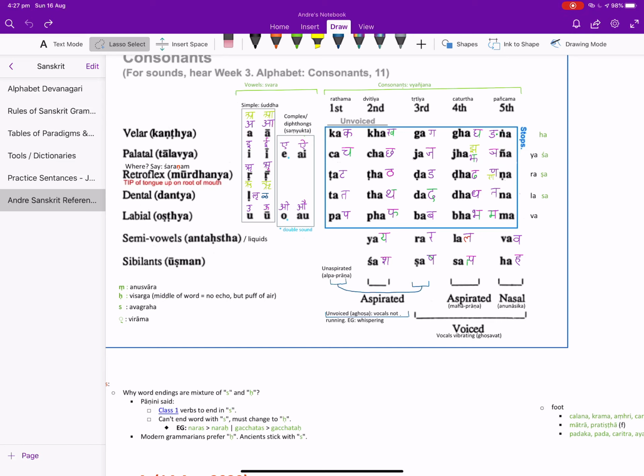So, it's a slightly looser v, between a v and a w in English.